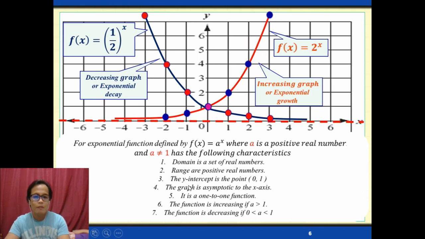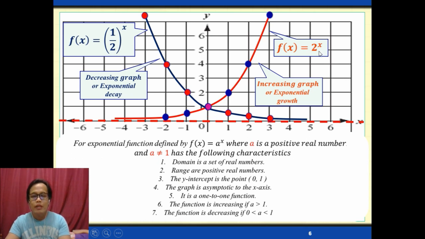Okay, next. The y-intercept is the point (0, 1). As you have observed in the graphs, the first function has the point (0, 1), and the second function also has the point (0, 1). This is what we call the y-intercept, (0, 1).